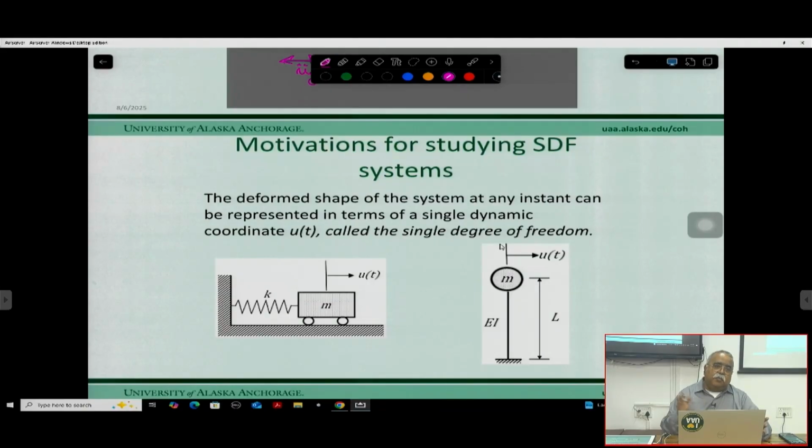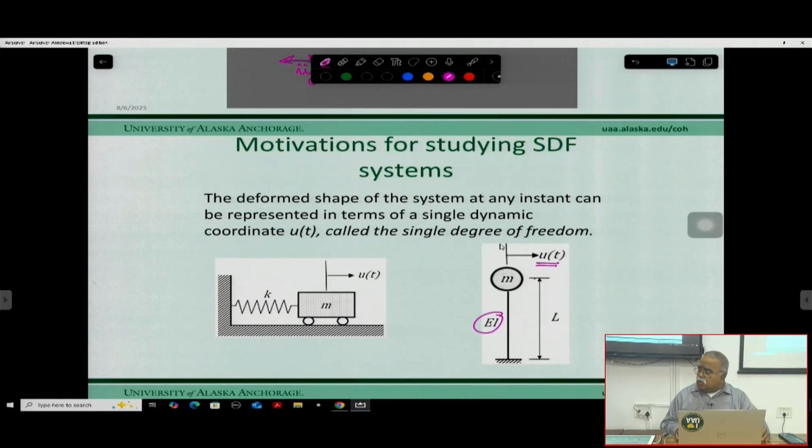Or the building vibrates. Or if you see it in a mass type of model, this is your mass, the material of the body, and u is the displacement it produced, and this has a length of L. And this k is basically E times I, where E is the elastic modulus and I is the inertia.